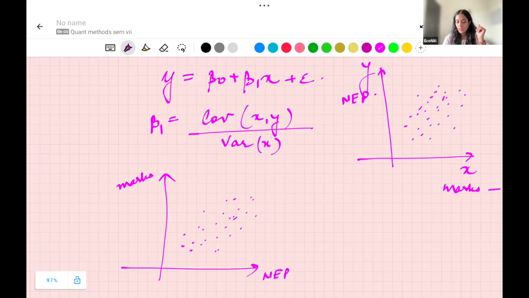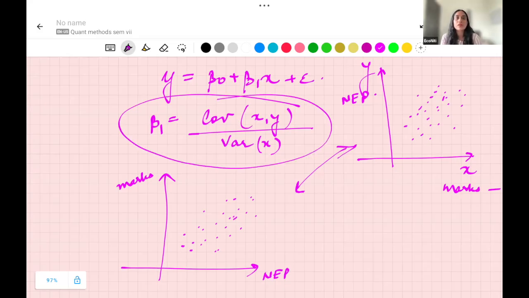If there is nothing differentiating these two statistically, then you cannot make any causal claim here either. You cannot say that marks, or suppose it's a positive correlation, positive relationship that you observe, you can't say that higher marks cause higher satisfaction with NEP levels.